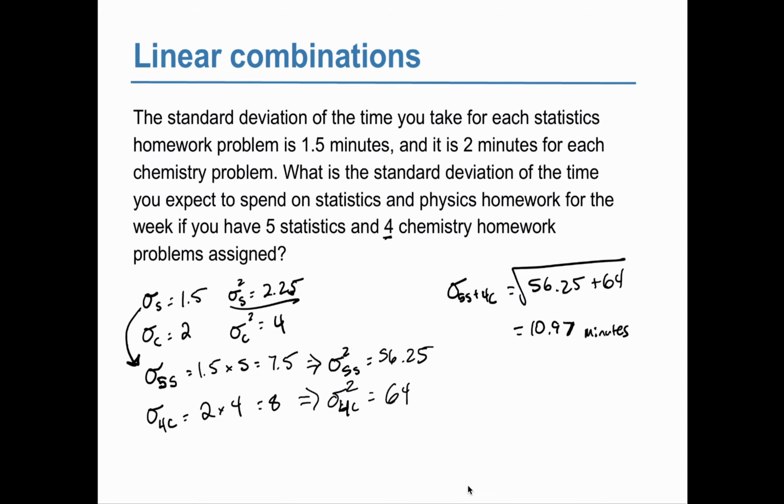Or when we found the variances here, you could multiply them, right? You would multiply this by 5 squared and multiply this by 4 squared. And it's going to get you the same thing.